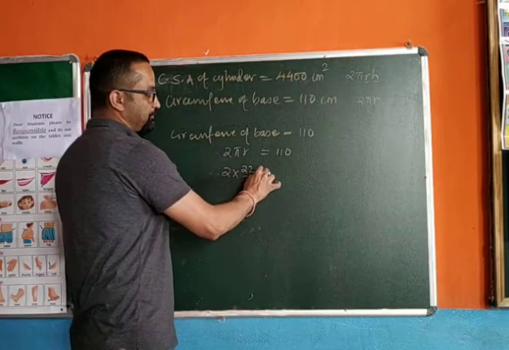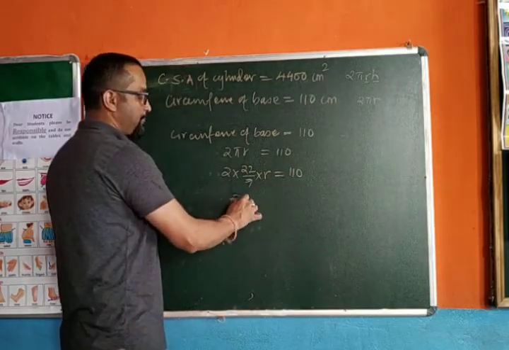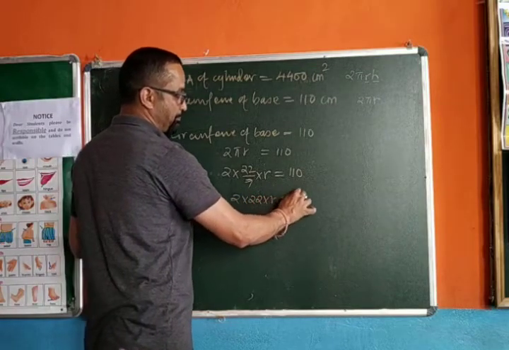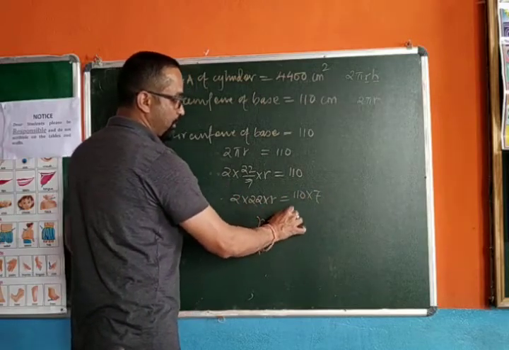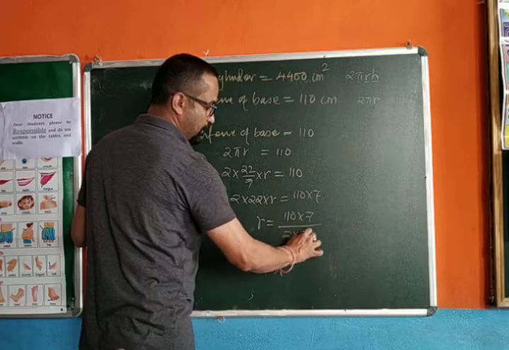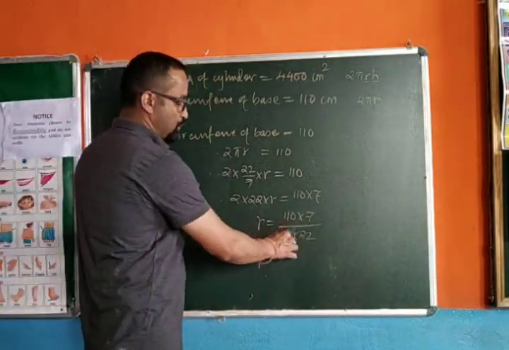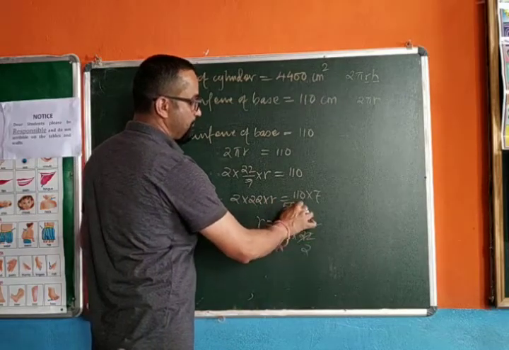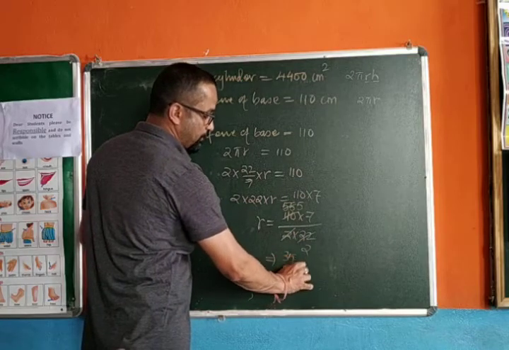Substitute pi, cross multiply, make radius the subject of formula, cancel it. 5 times 11, 2 times 11, you get 35 upon 2.